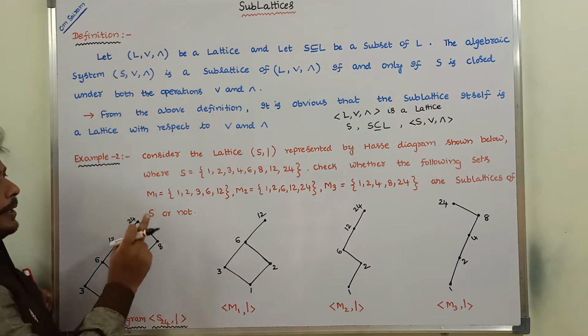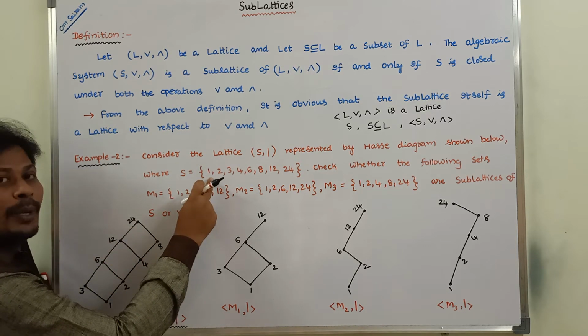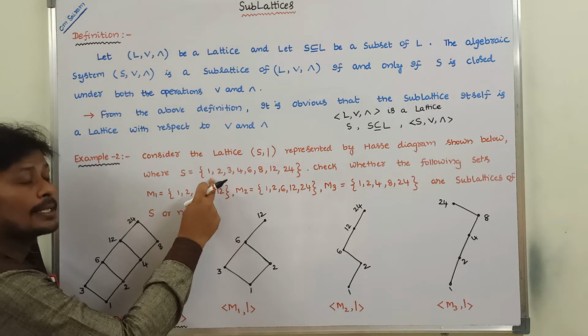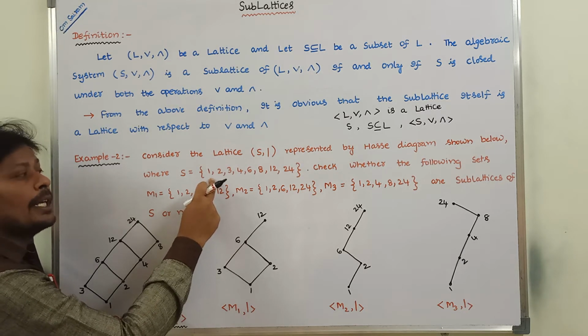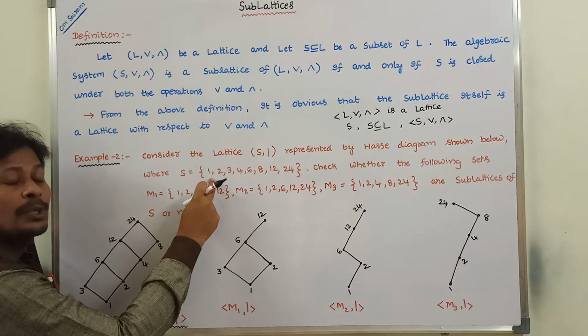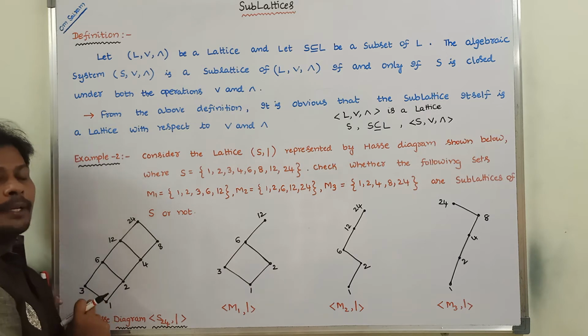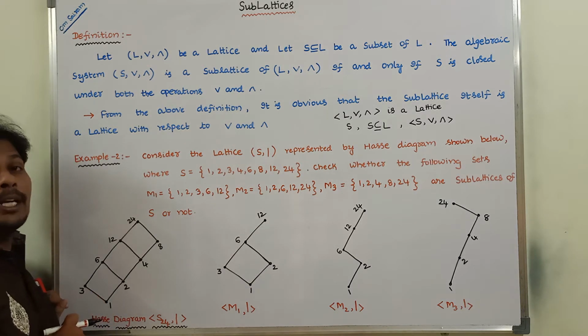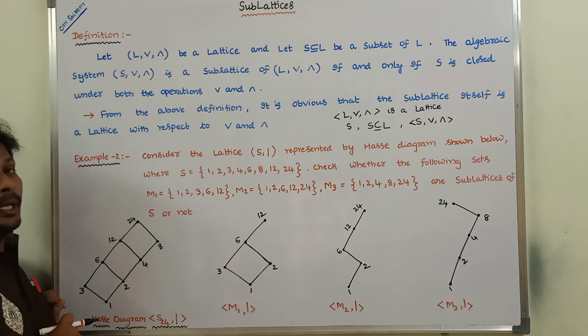Division relation means we can take any pair of elements of S. If the division relation exists between that pair, we draw the edge between the two elements. Otherwise, we cannot draw the edge.